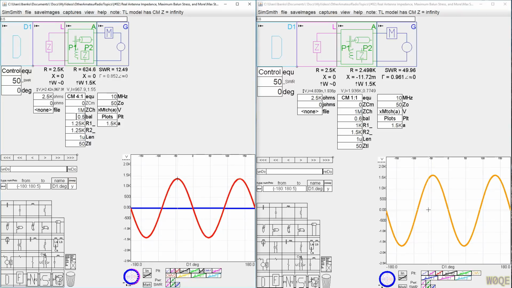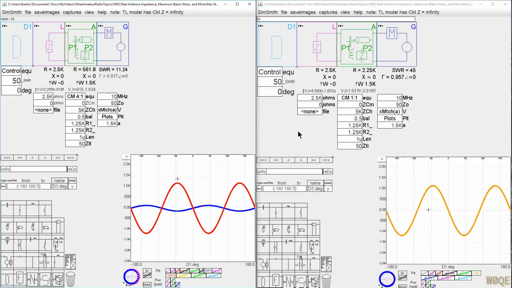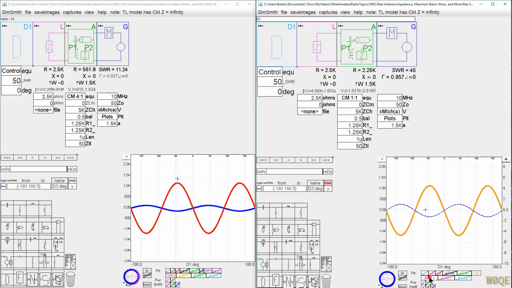Let's look at, with a 50% balance point, what happens as we start to drop the impedance. Let's drop the choke impedance on the Balun to, say, 5 kiloohms in both cases. And now let's look at the current. Ultimately, the current is what we really care about.